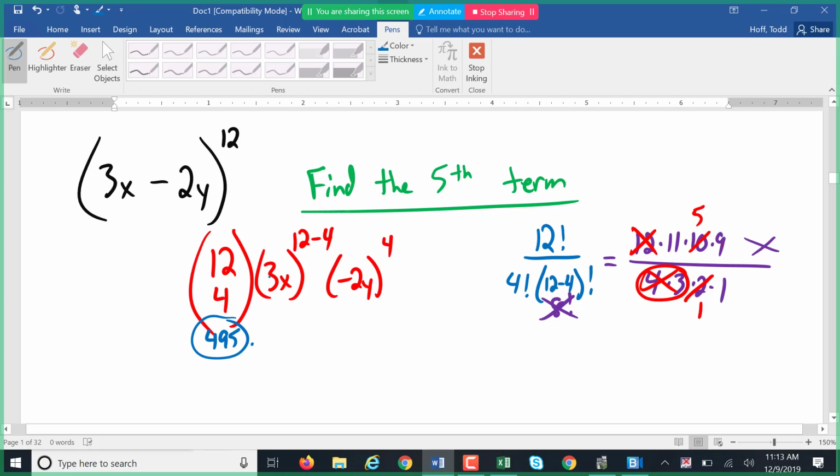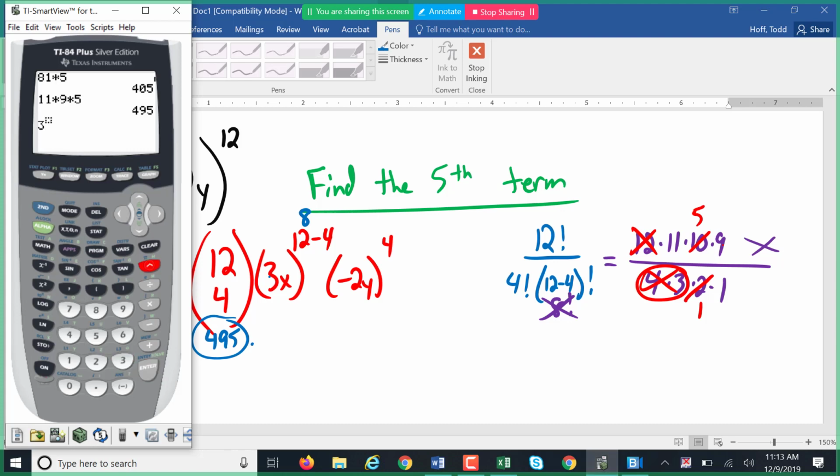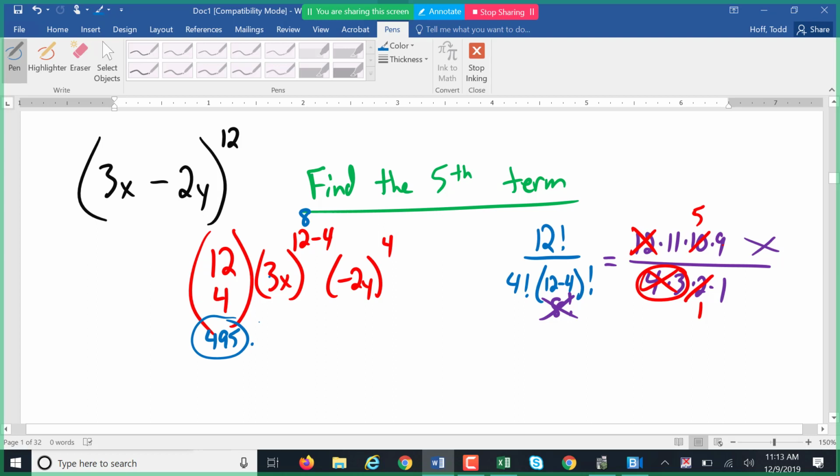3 to the power of 12 minus 4 is 8. 3 to the 8th is going to get kind of large: 6,561. x to the 12 minus 4 is just x to the 8th. Negative 2 to the 4th, well, it's an even power, so it's going to be positive. Negative 2 to the 4th is actually 16. And then y to the 4th.